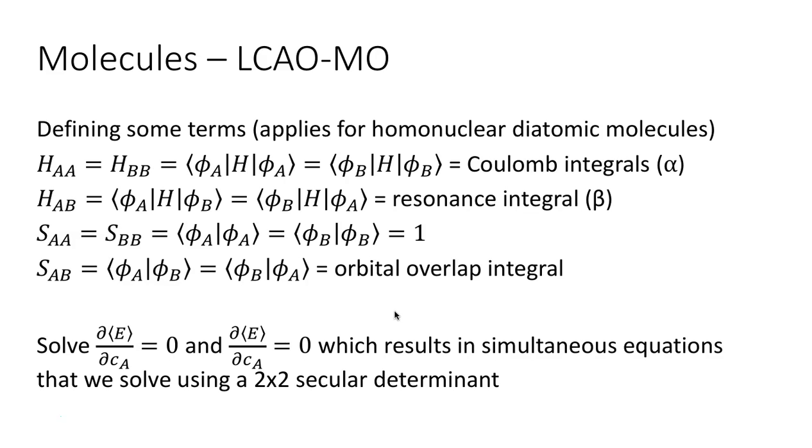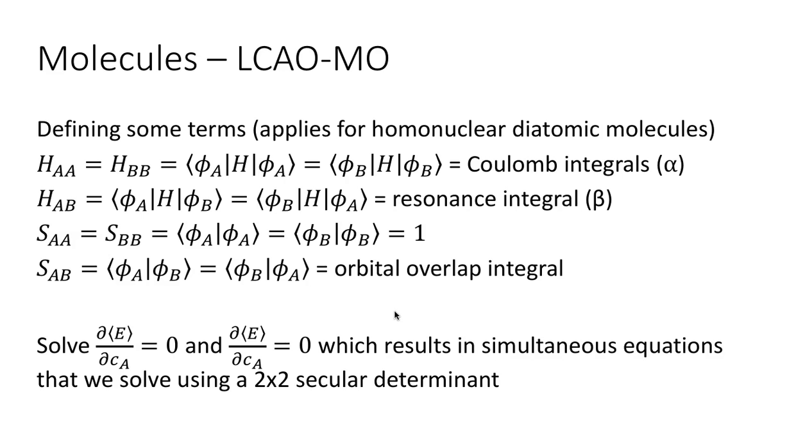Those are what we are going to call Coulomb integrals. This applies across our entire discussion of homonuclear diatomic molecules. The Coulomb integrals are sometimes labeled alpha. You can think of them as the ionic character: how much does each hydrogen atom want the electron to itself?